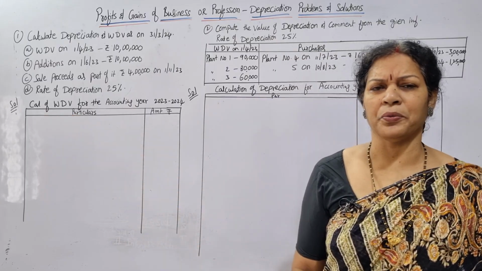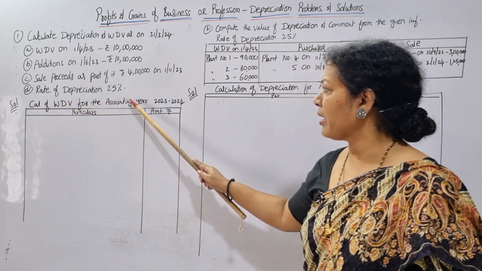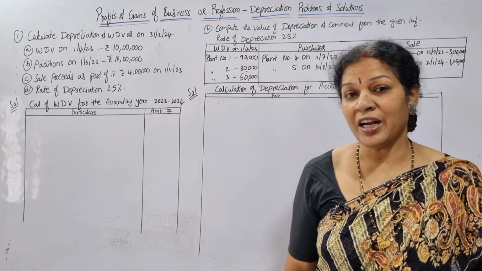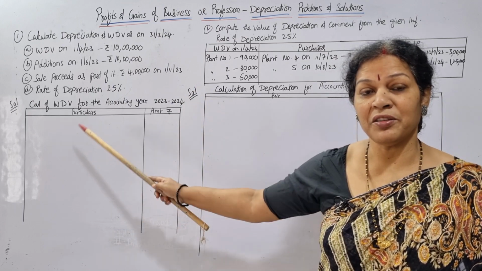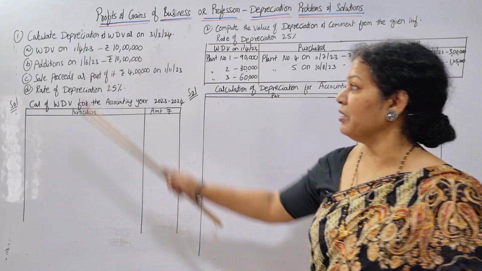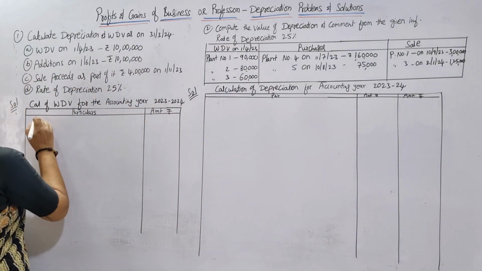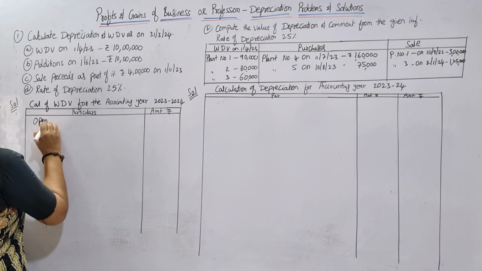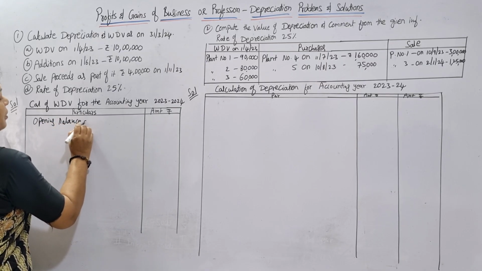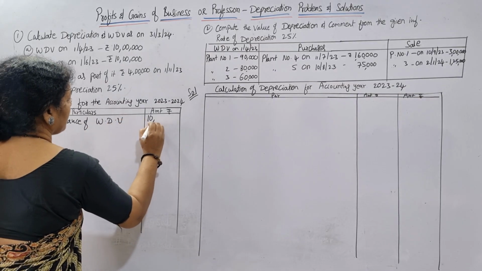Particulars amount. Only two. Heading we have given calculation of WDV for the accounting year 23 to 24. We'll start this closing balance of WDV. We'll start with the opening balance of WDV, that is here. So opening balance of WDV is 10 lakh.